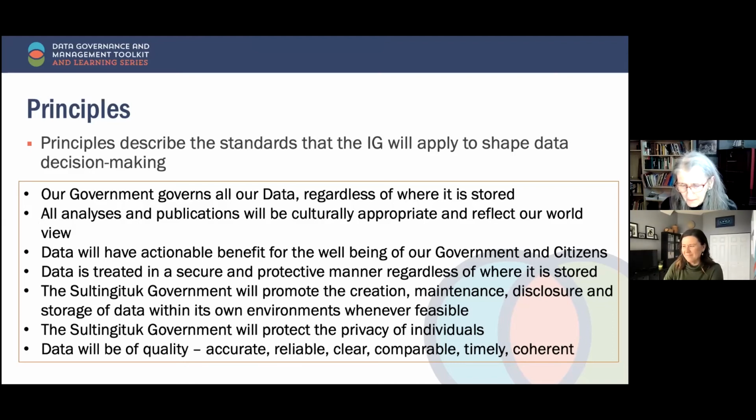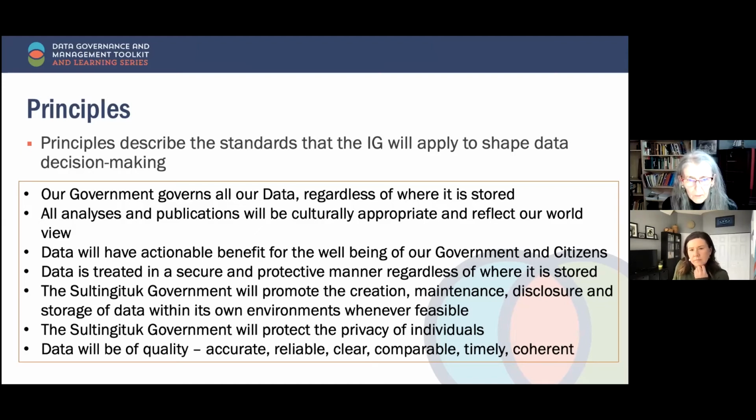Anyway, so possession of data by government is preferred so that it can create, maintain, disclose, and store data. And if its data is stored in another party's environment or another government's environment, the data will be governed by the government stewards in accordance with its own framework. The government will respect the legal rights of its nation members, clients, and staff over their information, and will maintain and protect their privacy. And of course, data will be of quality, accuracy.